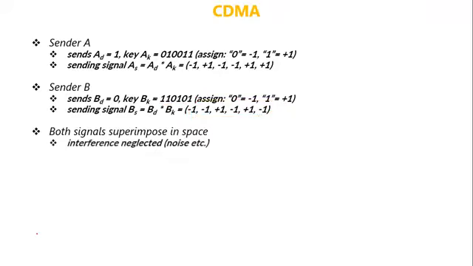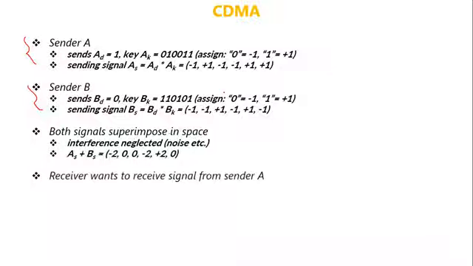Now both are sending at the same time, A is sending this and B is sending this, using the same channel. When multiple signals are sent at the same time by different users, they will superimpose with each other. Let us neglect the noise.